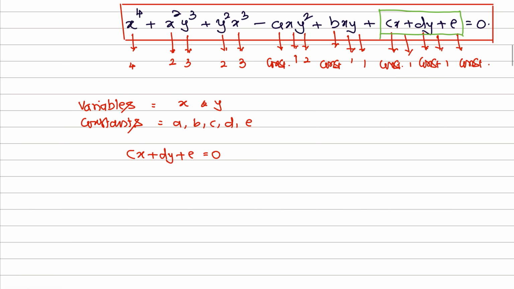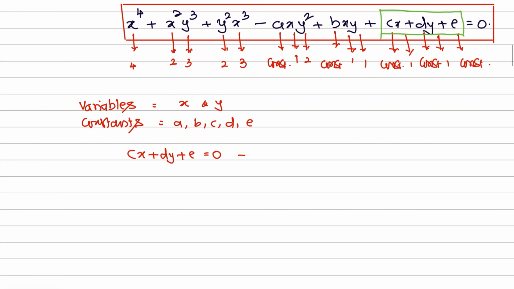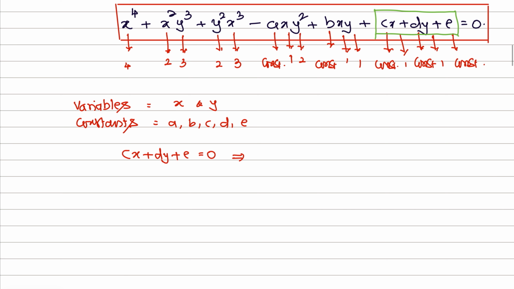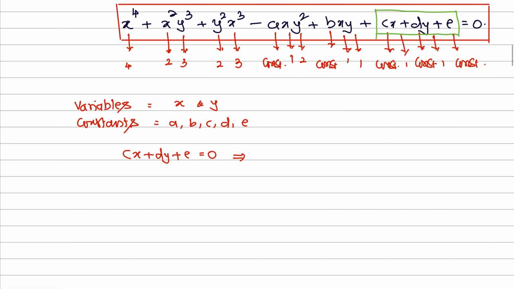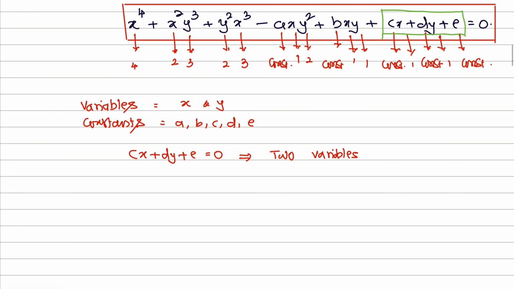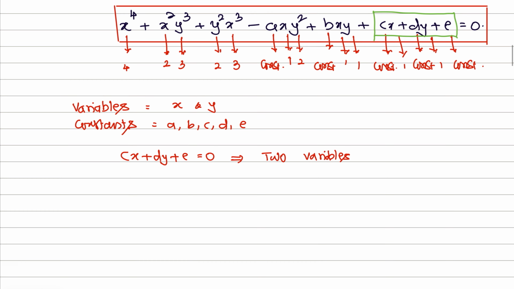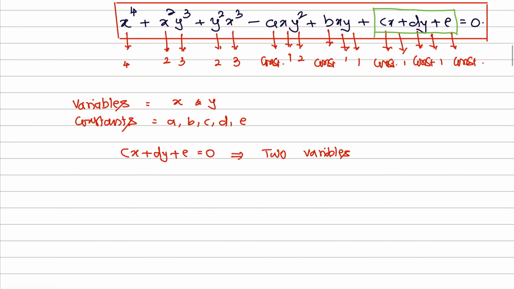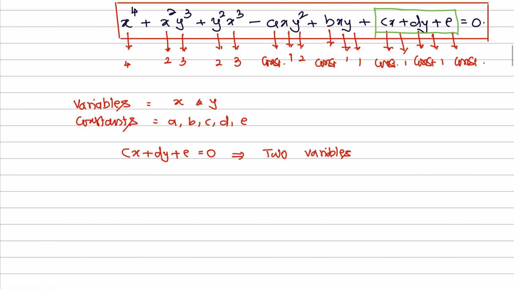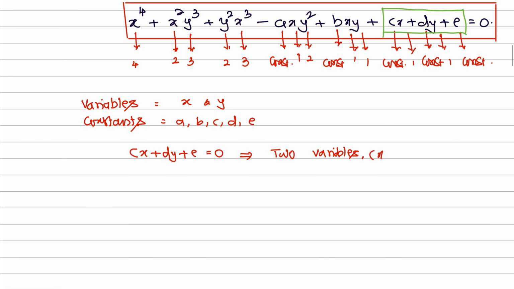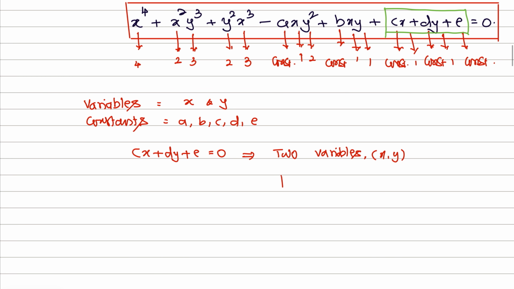Let me say this portion. What does it represent? Two variables, and for the two variables, what are the two variables? x and y. Powers are, for x it is 1, y it is 1.